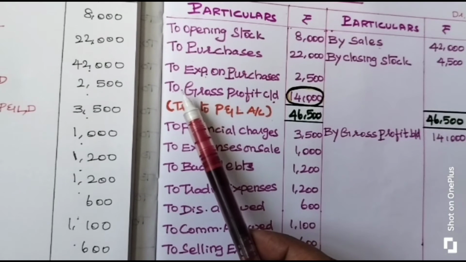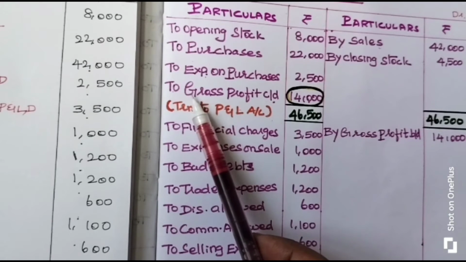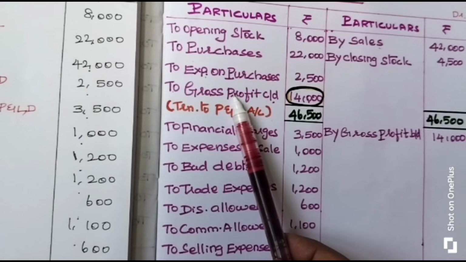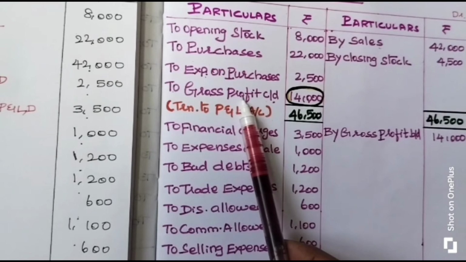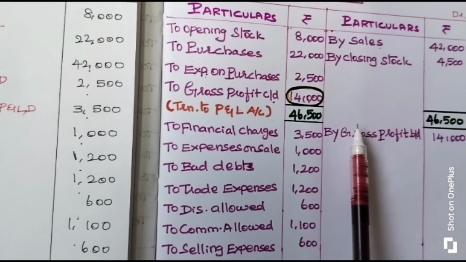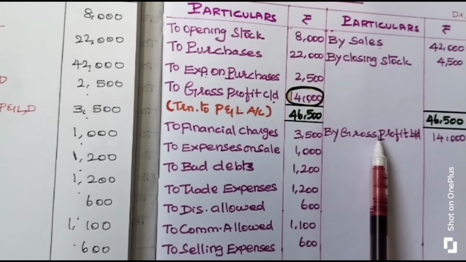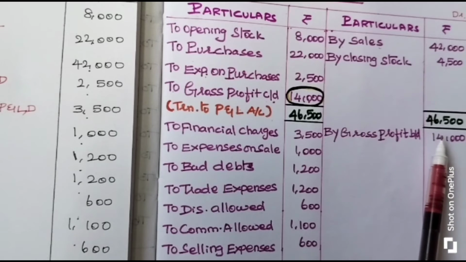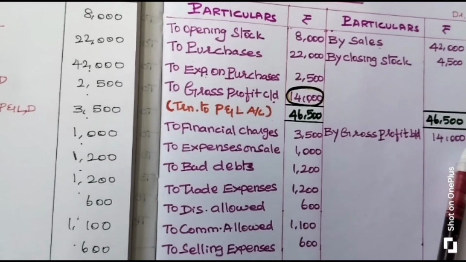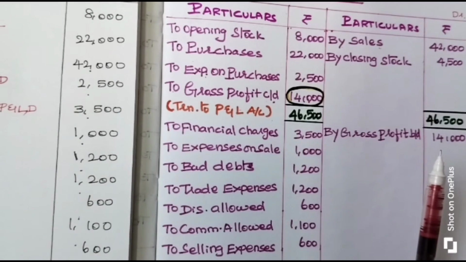Here in exercise sum number 9, you got gross profit. So you transfer that gross profit of 14,000 into the credit side of the profit and loss account. We entered 14,000 rupees on the credit side.